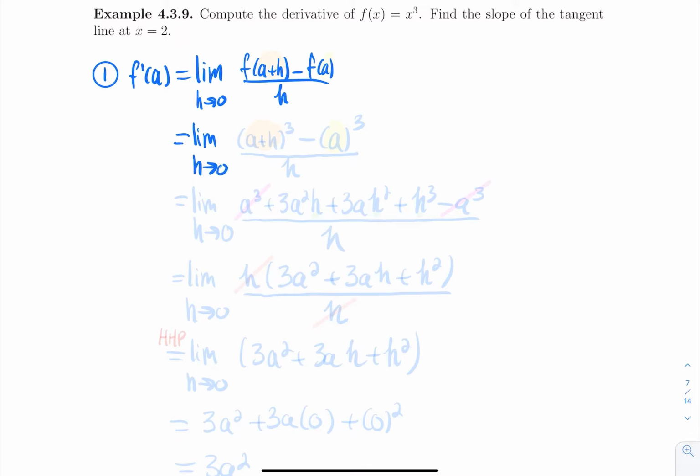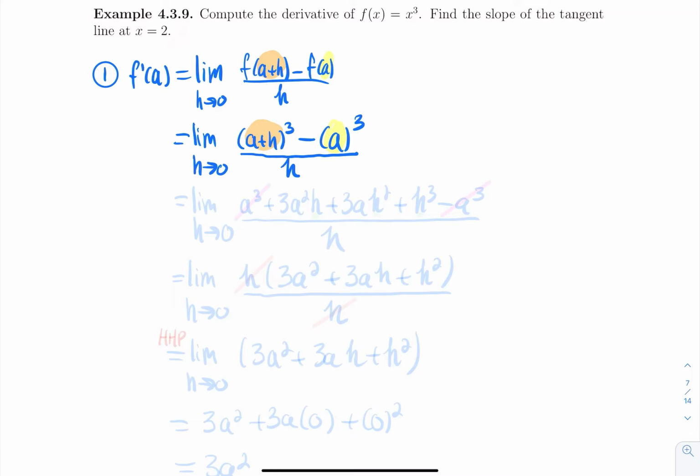My input a plus h is replacing x here, so we're getting a plus h cubed, and then minus a cubed, replacing my a for x, and all that over h.